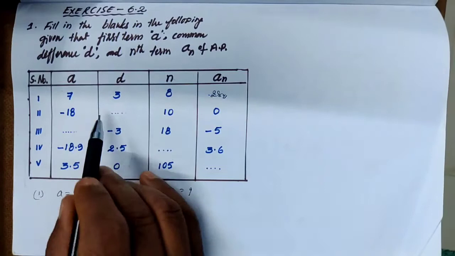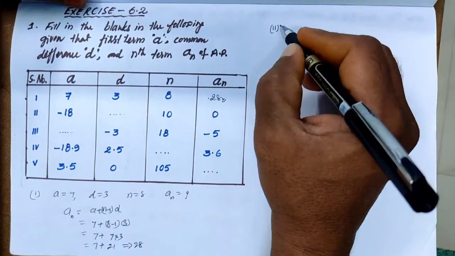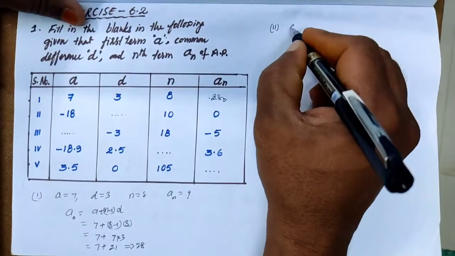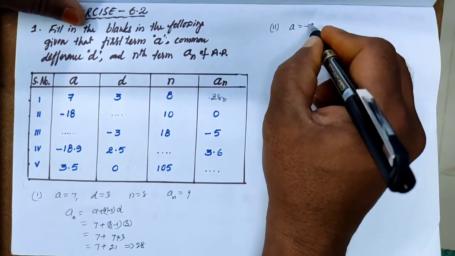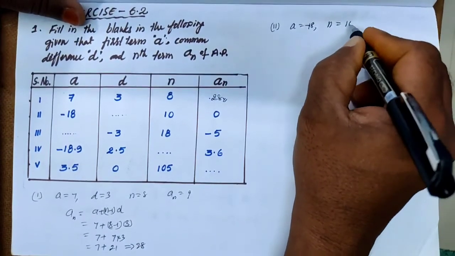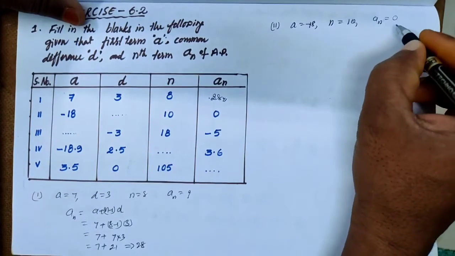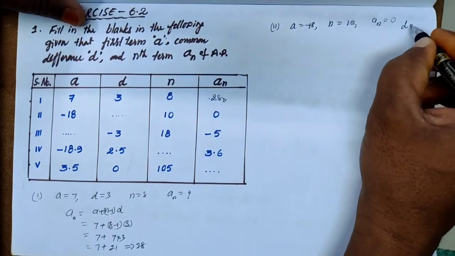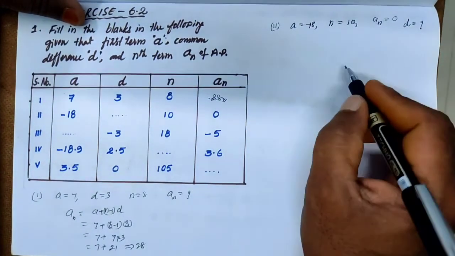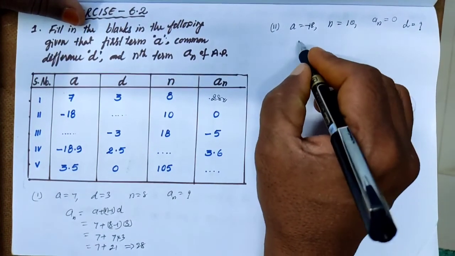And similarly the second one, try to solve this. So here the first term is given as minus 18, n is given as 10, and the nth term is given as 0, and we have to find d, the common difference. So use the same formula.